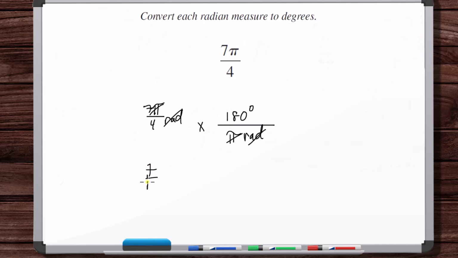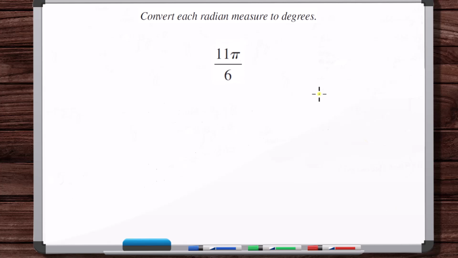So 7 over 4 times 180. So 4 divided into 180 is 45. 45 times 7 is 315. So this is 315 degrees.